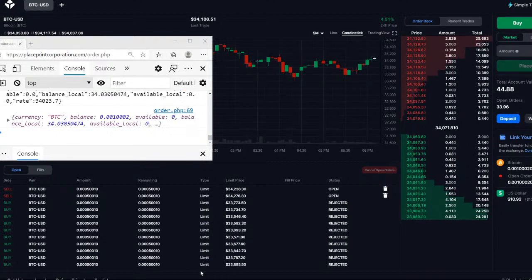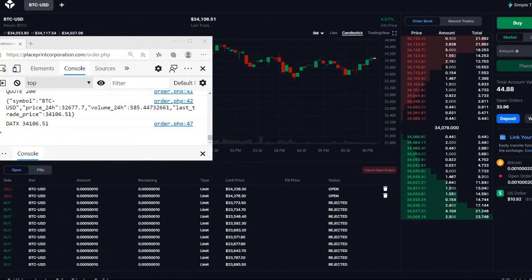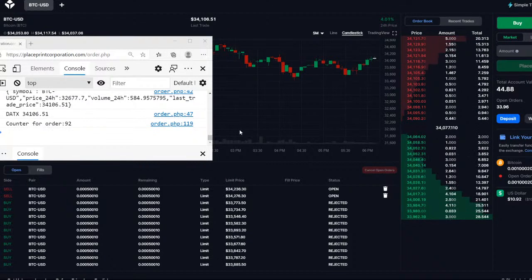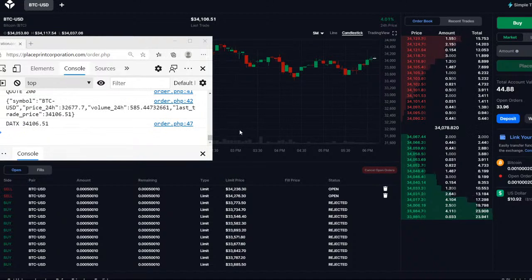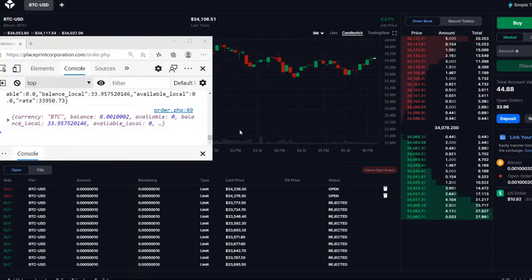Just moved the debugger on the left side of the screen as it was displaying a lot of unnecessary white space. We are still looking for that 34,276 area so we can clear out these positions and watch the system on an automated basis establish a new bid, a new offer.